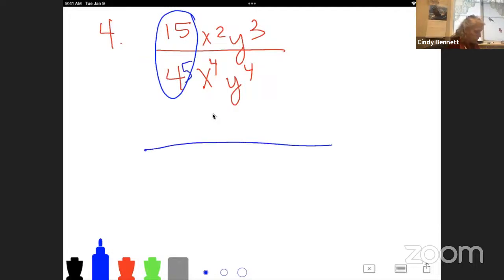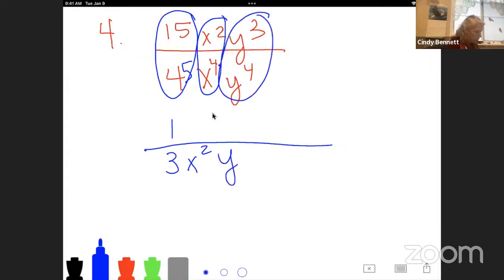So that is going to be 1 over 3. Then we're going to subtract 2 minus 4. I get negative 2, x to the negative 2. 3 minus 4, I get negative 1, y to the negative 1st power. So this is your final answer.